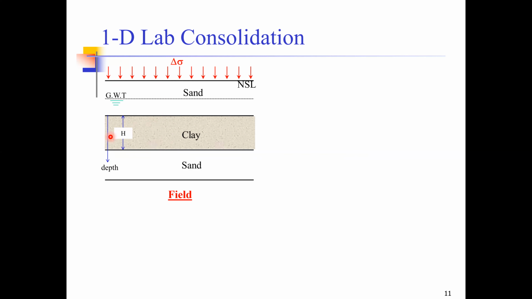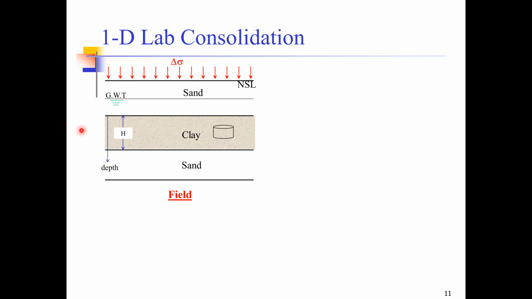So when we want to perform this consolidation experiment in the laboratory, what we do is we take a soil sample from the clay layer. We perform a borehole, and from that borehole, we take a relatively undisturbed sample, a sample which is representative of its properties within the ground.